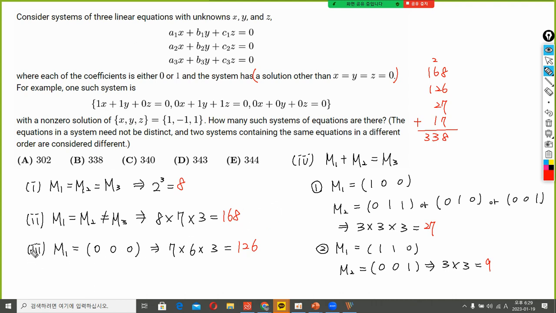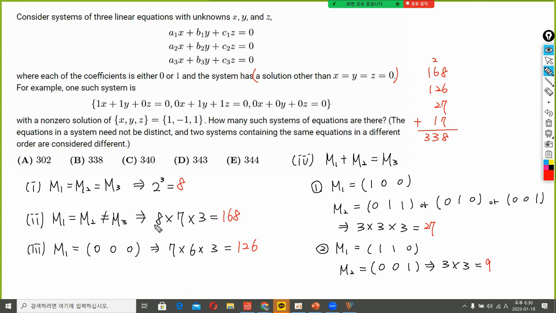And the third case is if any row contains all zero coefficients, it can have more than one solution, other than this all zeros. So this means because M1 chooses one particular set of coefficients, for M2 it has 7 choices.